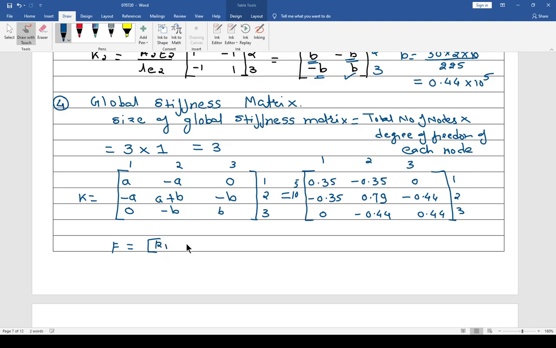At second node no force, and at third node force is 5000 Newton. And of course this is the transpose. This has to be a column, so just to save the space I have written horizontally and said transpose. So this is my fifth step.